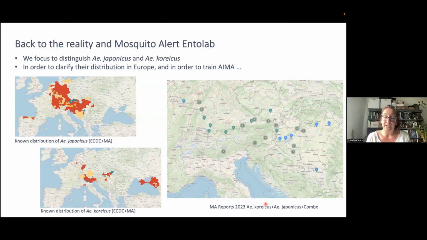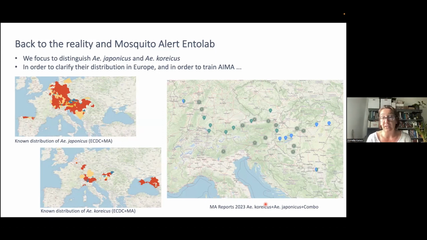But in several cases, we can't say which species we can see in the picture, so we use this combo category. That's fine. But as Roger said, if we would like to draw distribution maps of the species, not the complex, then we need to separate them somehow.